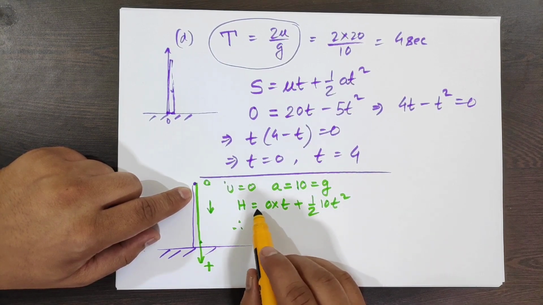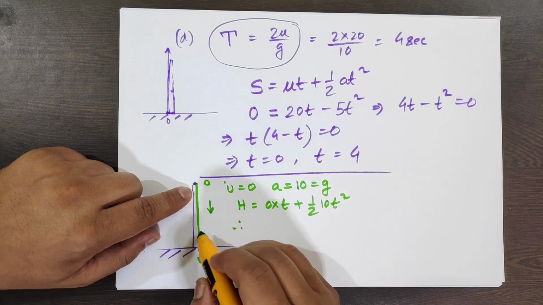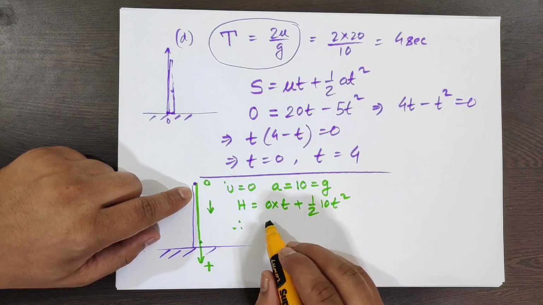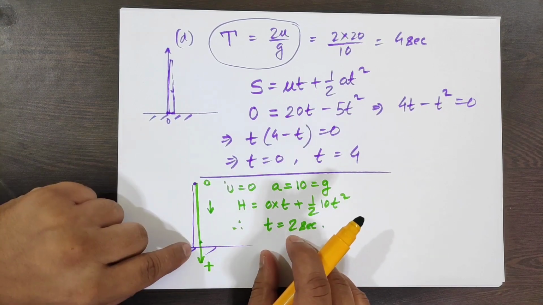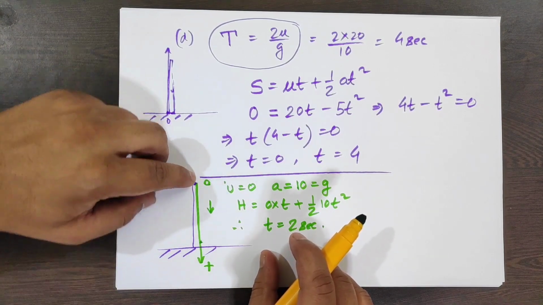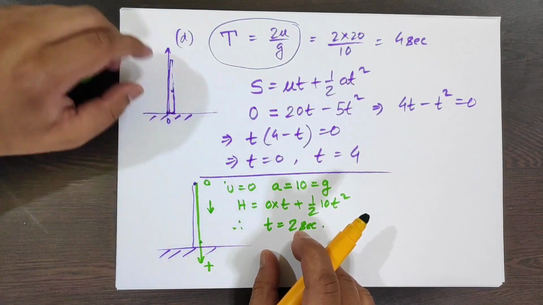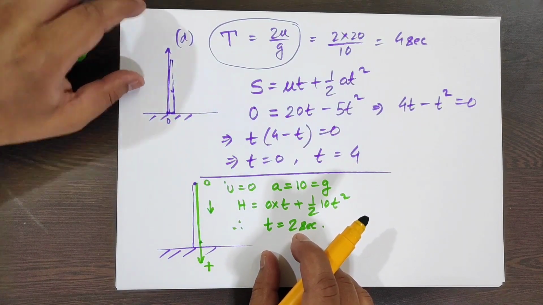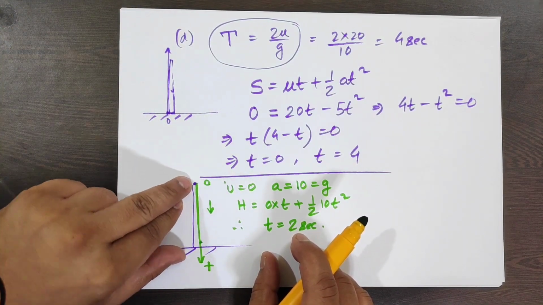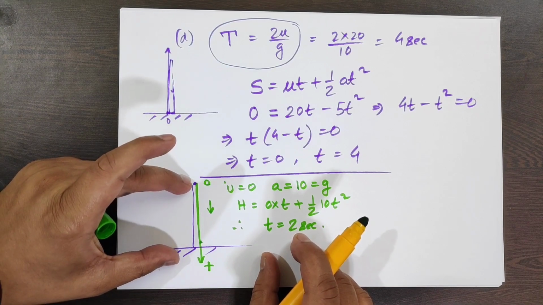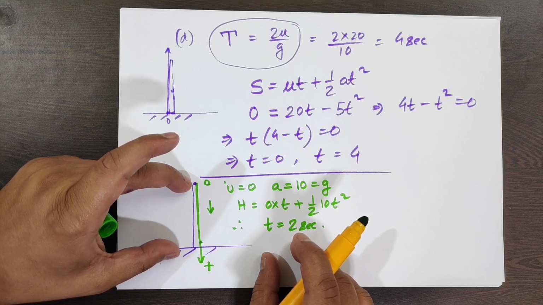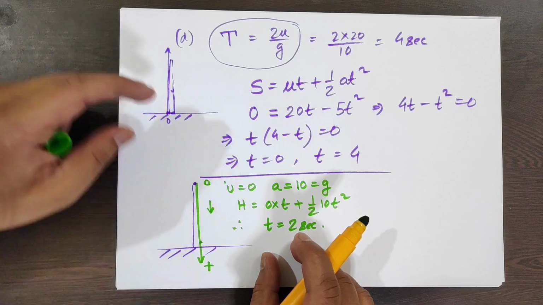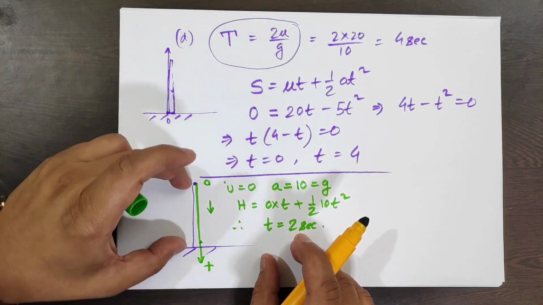So h was 20, it was calculated before. So t is equal to 2 seconds. This is for the second half, right? Going down, from here to here, it becomes the same as problem number 1, right? Say a particle is dropped from a height of capital H, which came out to be 20 meter, which is the answer to part B, maximum height reached.